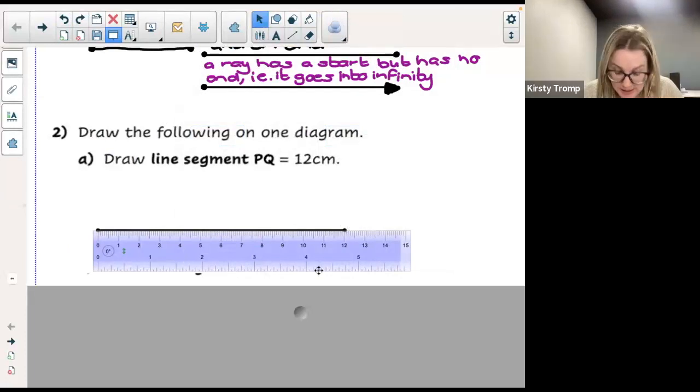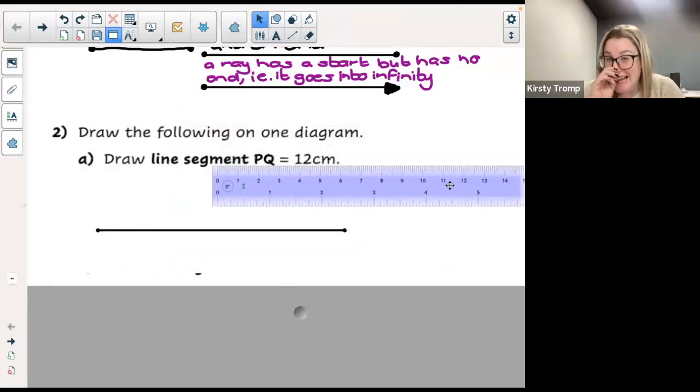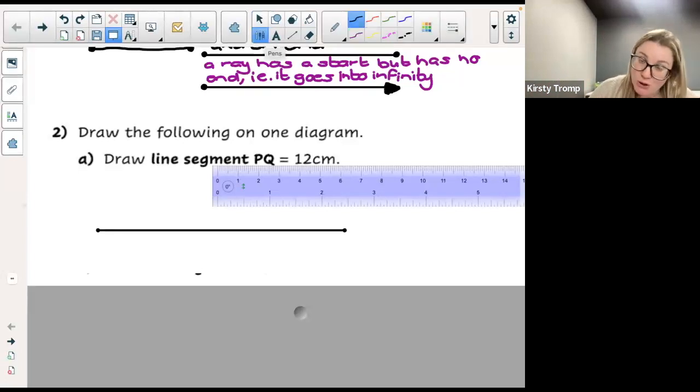Okay, so 12 centimeters. They've given it a name, guys. They've said, draw a line segment PQ, which is equal to 12 centimeters. Because they've been very specific, we need to make sure we name it as well. Because we're in grade 7 now, we're going to say, this is point P, and this is point Q. So that is line PQ.